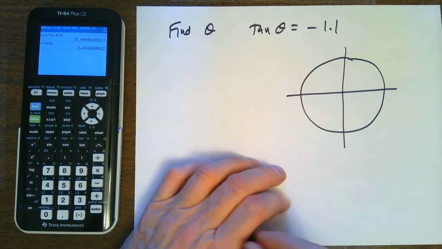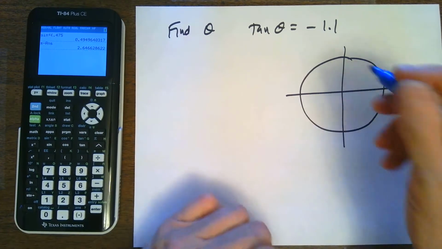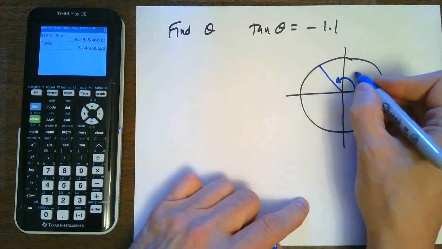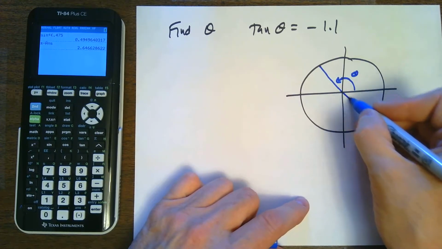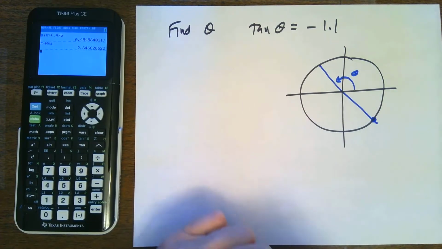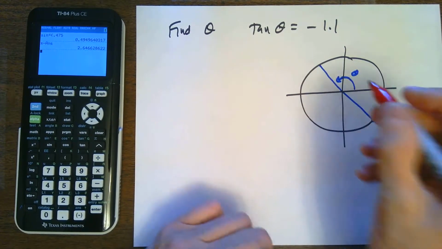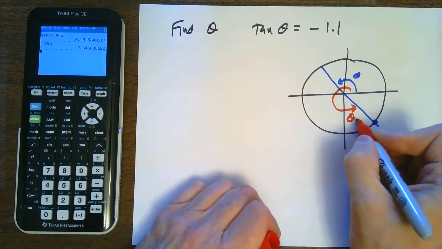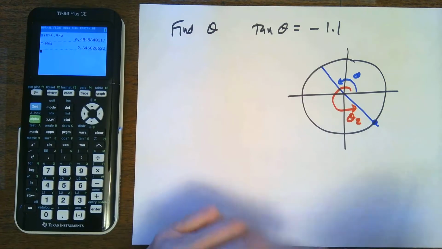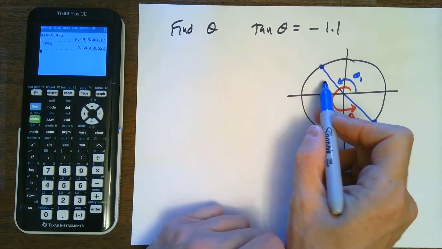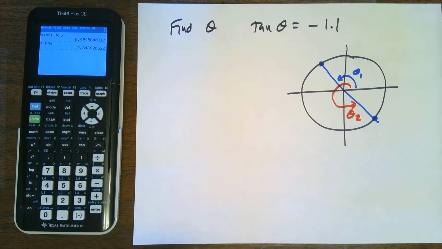Tangent is negative in the second quadrant, where I've got one angle here, and the fourth quadrant, where I've got another angle, theta sub 2 and theta sub 1.